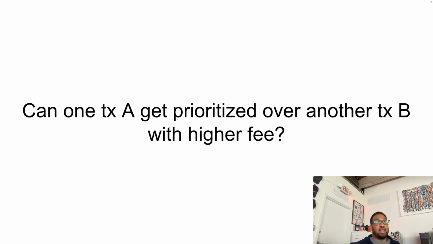So can one transaction A get prioritized over another transaction B with a higher fee? This one was phrased a little bit weirdly when I first wrote it down, but is it possible for one transaction that pays 1 Bitcoin in fee to not get mined over another transaction that pays 1,000 sats?